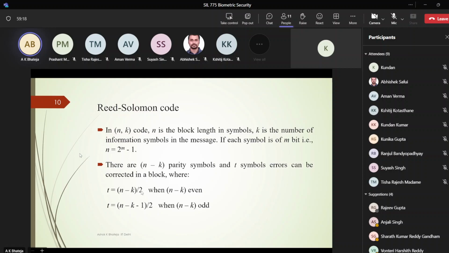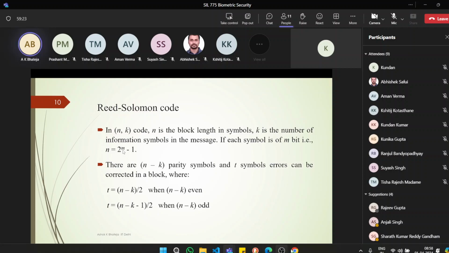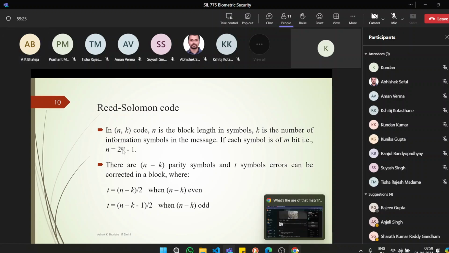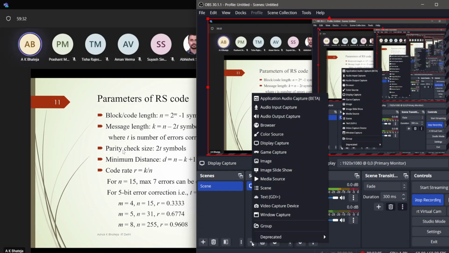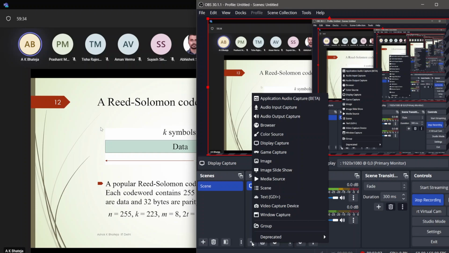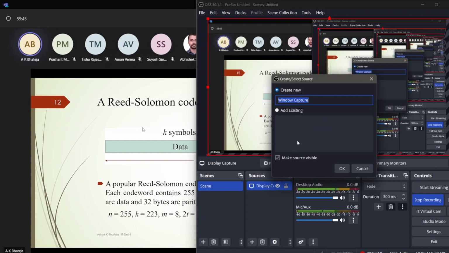So in one particular symbol there may be many errors, many bits corrupted. This is data information, and these are the redundant symbols, or you can call them parity symbols. If these are 2T symbols, then T errors can be corrected. Total size is n symbols.